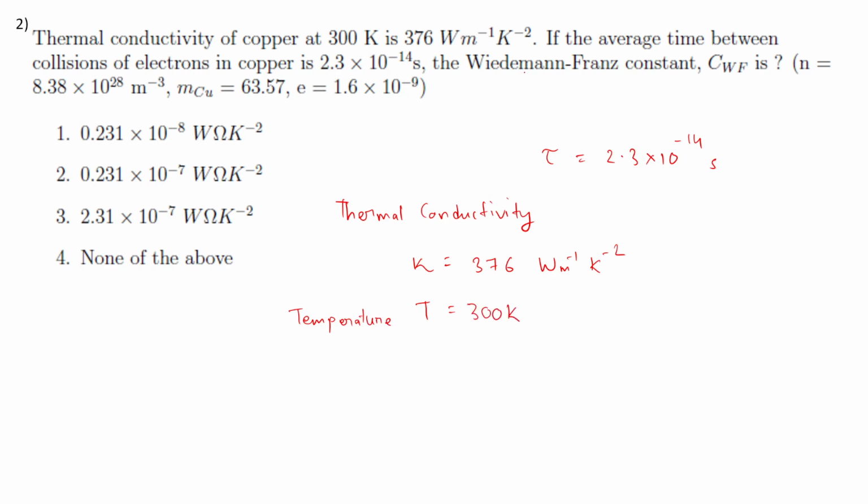And what you have been given is the number density of electrons, n, equal to 8.38 into 10 to the power 28 per meter cube.